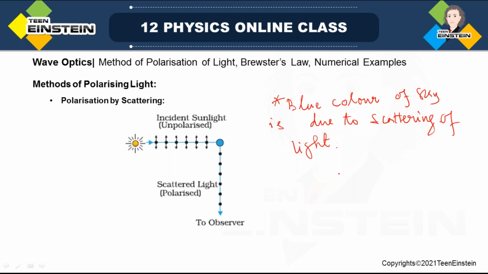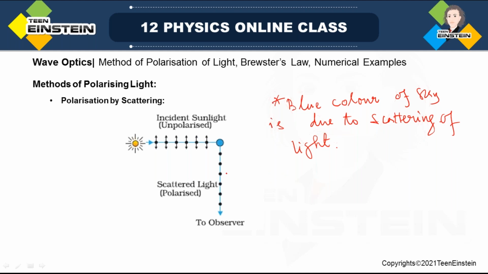Now if we look at the blue portion of the sky through a polarizer, and if you just rotate the polarizer, you see an intensity variation of the light.